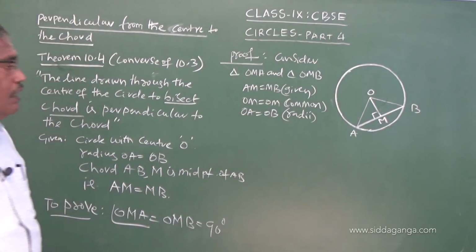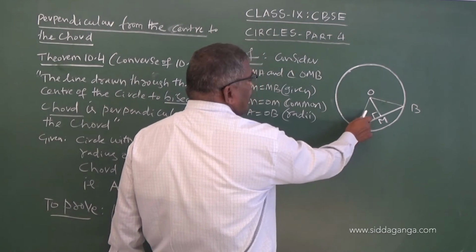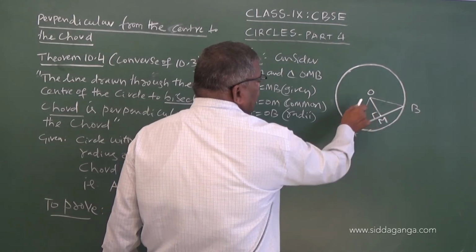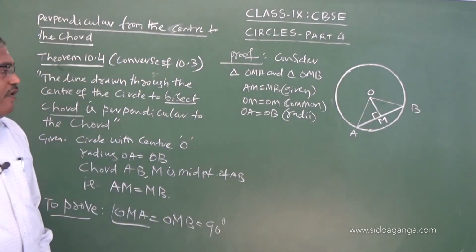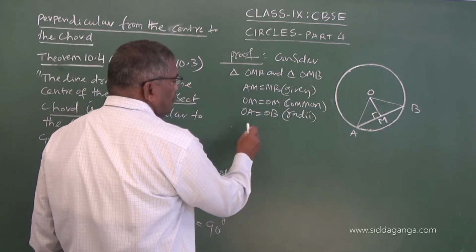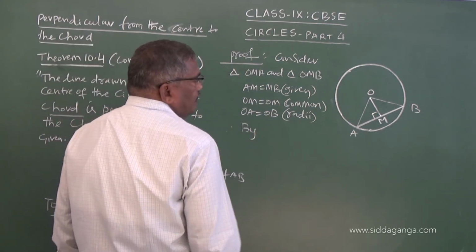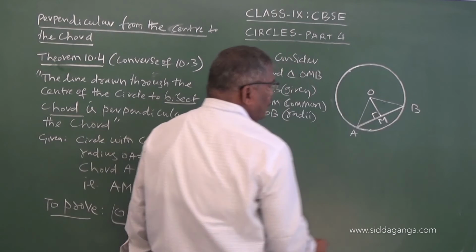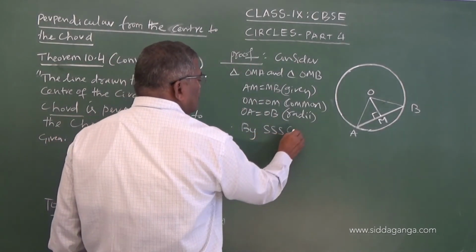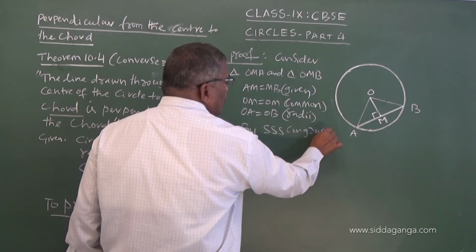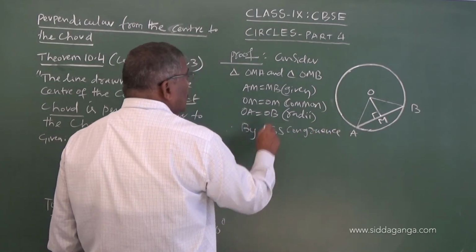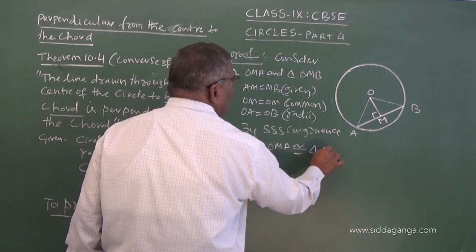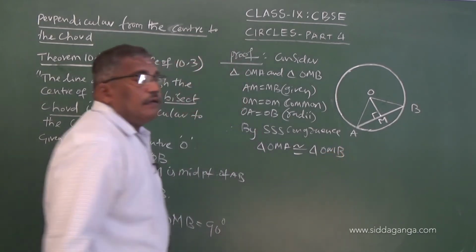Now, you can see this side and this side, all the three are equal. So, AM is equal to MB, OM is common, AO is equal to OB, by SSS congruence, triangle OMA is congruent to triangle OMB.